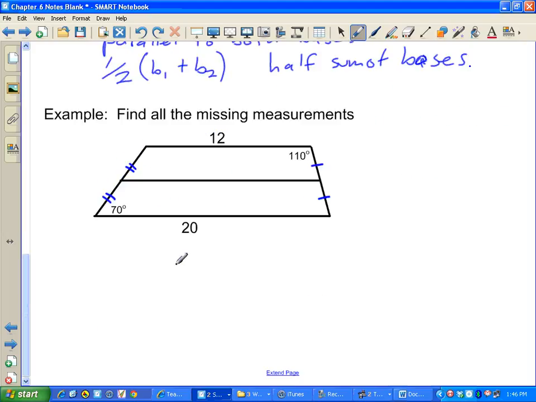Okay, so here's our trapezoid example we'll go through. I'll find all the missing measurements. Since these lines are parallel, that means that these are going to be consecutive interior angles. This one and this one.